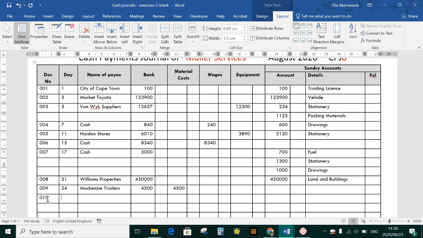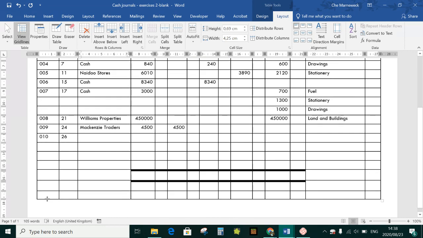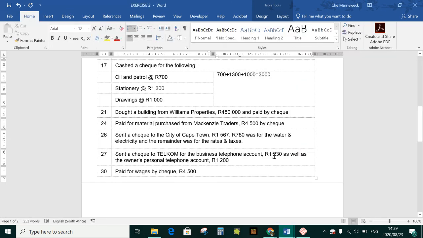Check number 10 on day 26. We have sent a check to the City of Cape Town. So who are we paying? City of Cape Town. And the total amount that we sent was for 1,567 Rand. Now, of that amount, it's going to split up into 2 different things. We've got 780 for water and electricity and the remainder for rates and taxes.